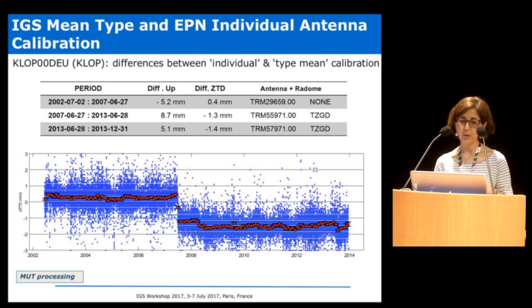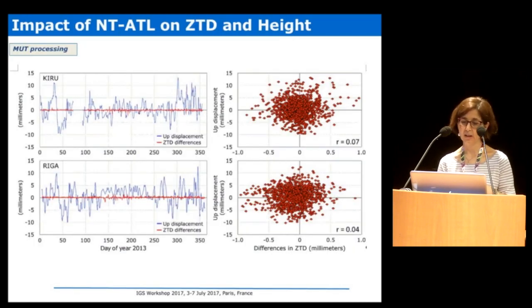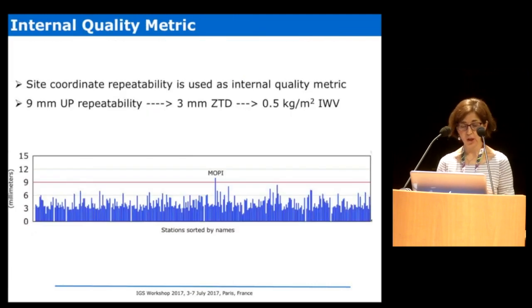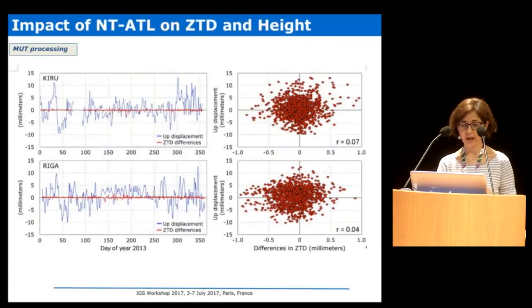The other thing was to see the impact of the non-tidal atmospheric loading on ZTD and height. Again, same setup, two different runs, just the model is changed. And this is an example for two stations, Kiruna in the upper part and Riga in the lower part.